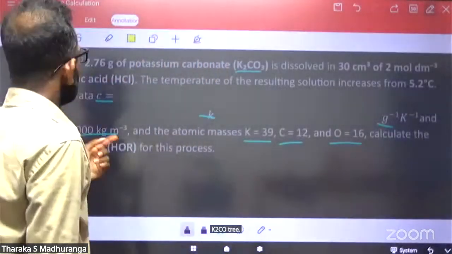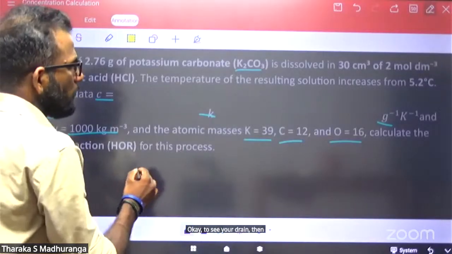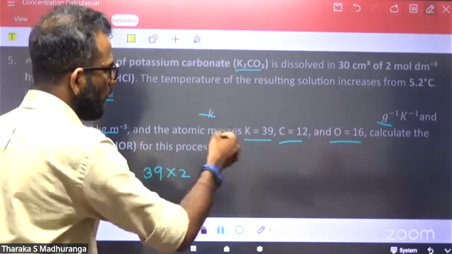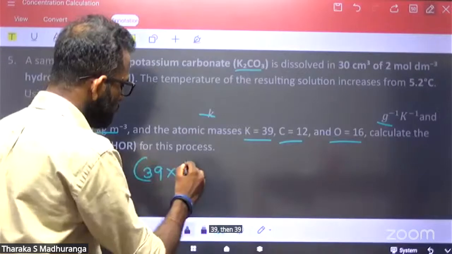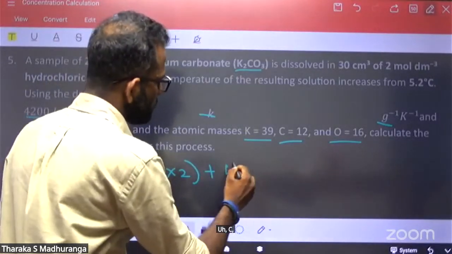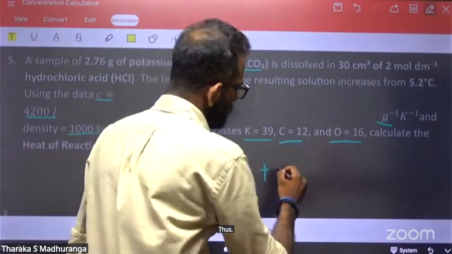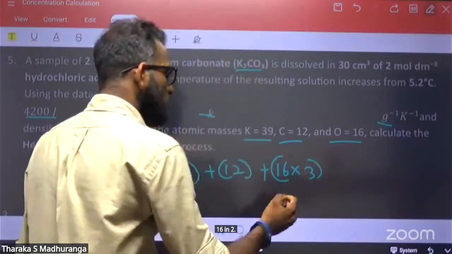K2CO3, then K2 means 39 into 2, atomic mass 39. Then 39 into 2 plus carbon 12 plus 16 into 3. Okay, I got the molar mass.